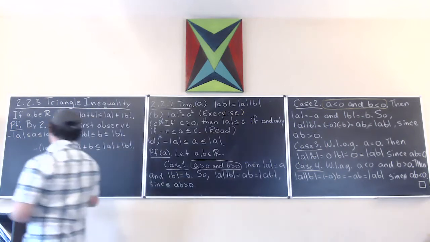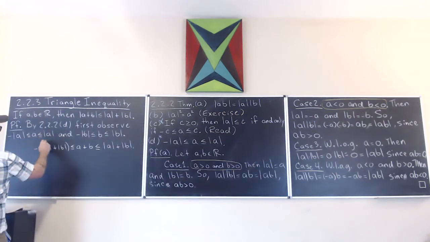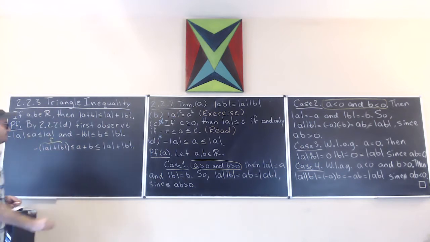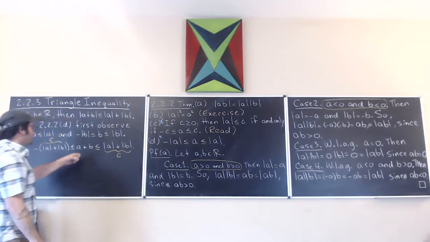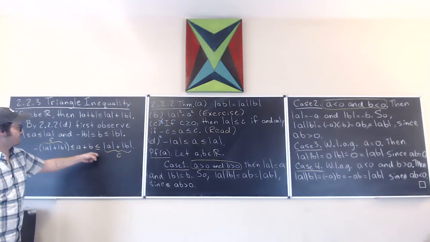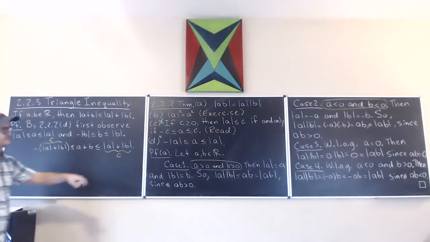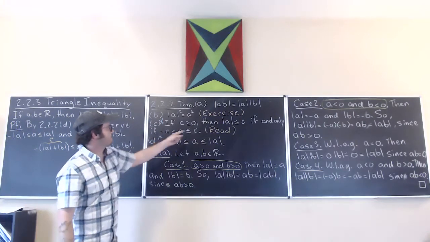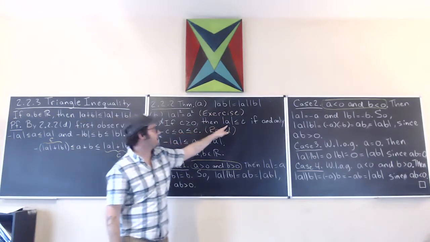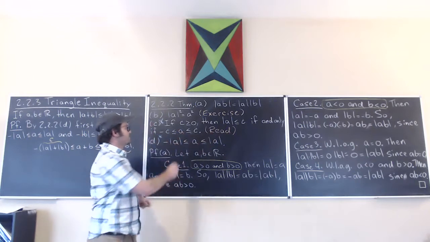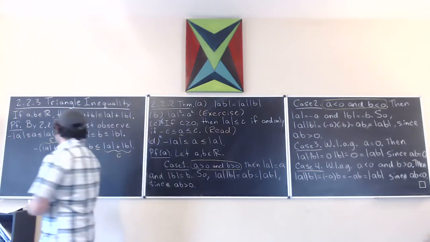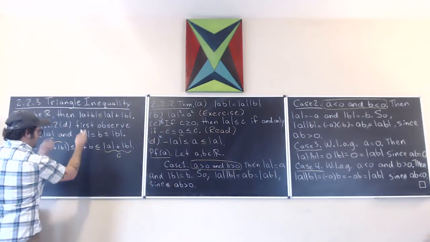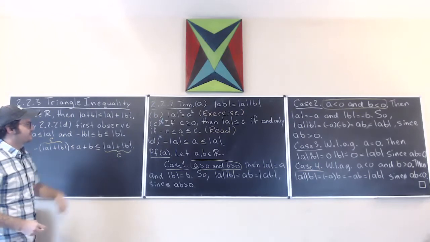Well, look what we have here. We can think of this quantity as C. So this value is bounded above by C and below by negative C. Which means, since this is a biconditional statement, that this quantity in absolute value is bounded above by C.